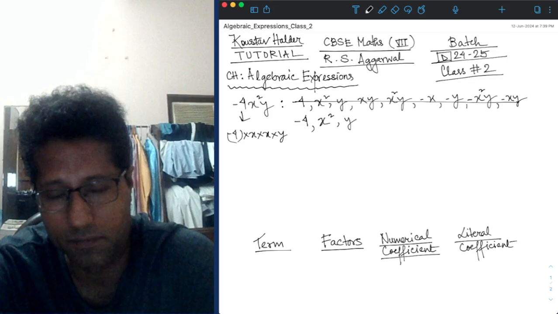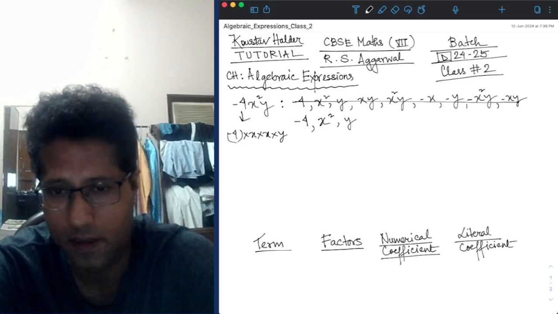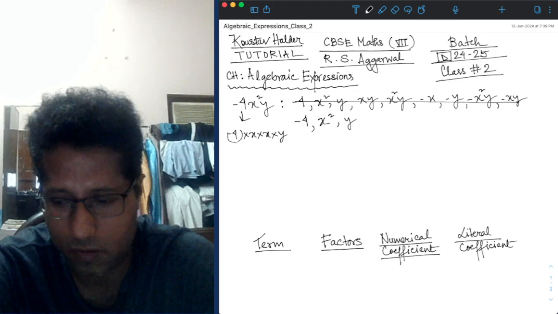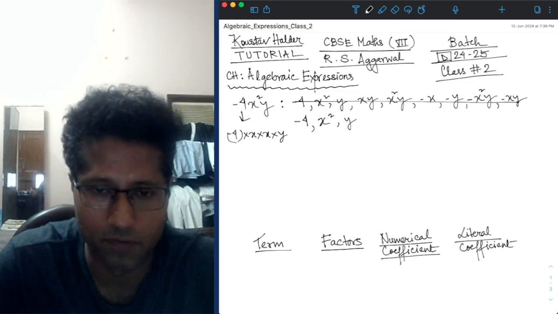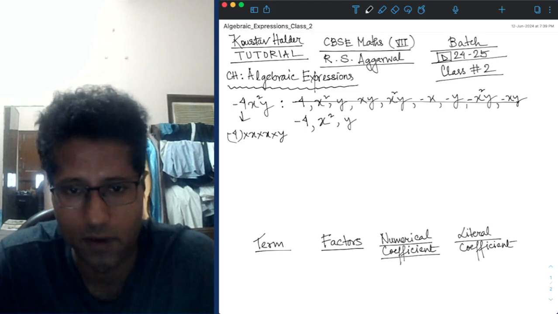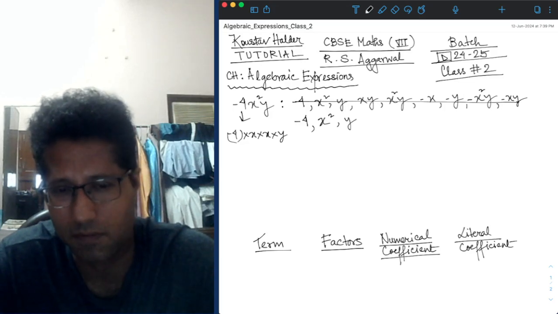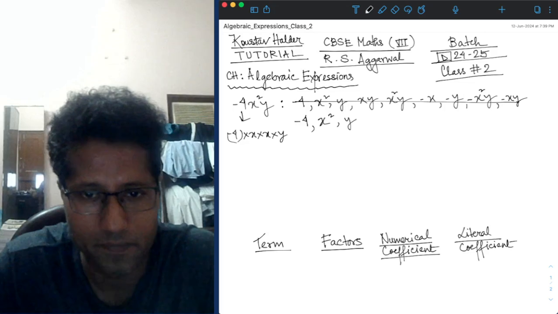If there are multiple occurrences of literals in the product, in the term, then we combine all the multiple occurrences of a literal as an exponential. So over here, even though it's actually minus 4 into x into x into y, we combine all the same literals, we merge all the x literals as an exponential, so it becomes x square and the y remains y.